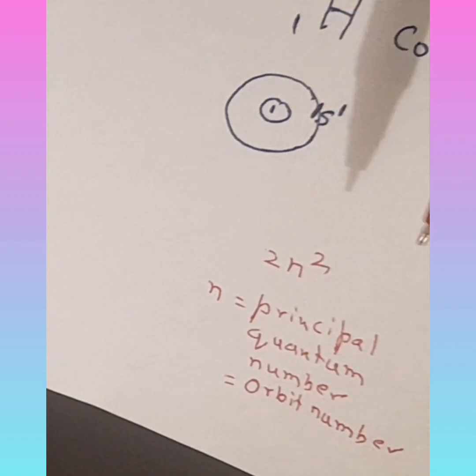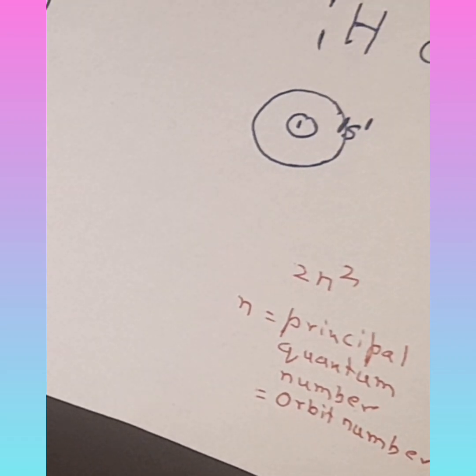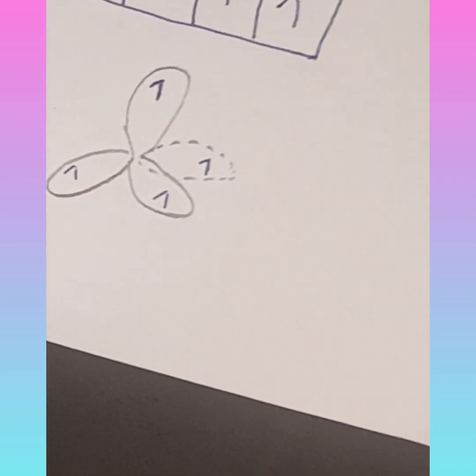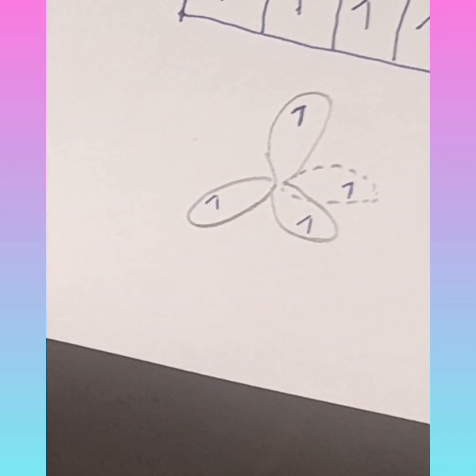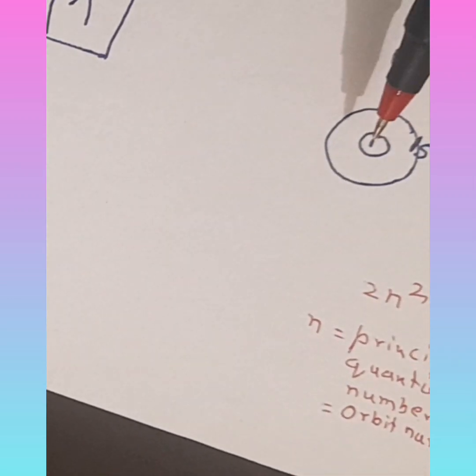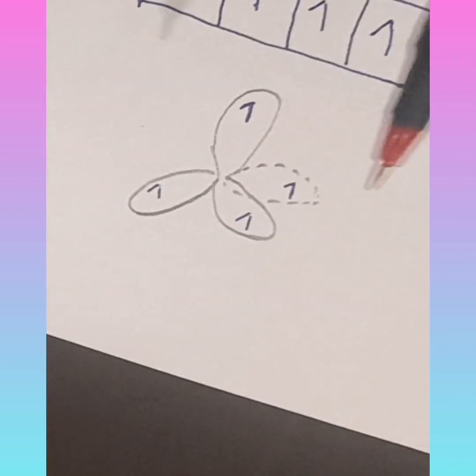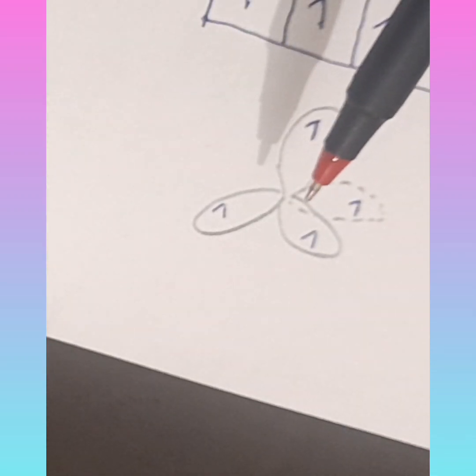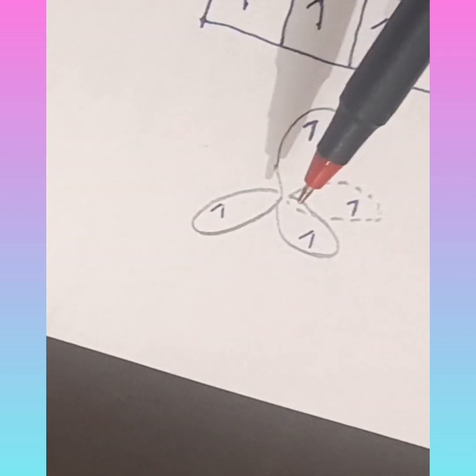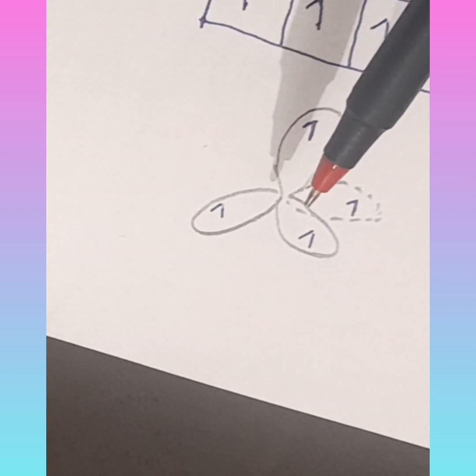So carbon requires 8 electrons to satisfy its octet. Hydrogen requires 2 electrons to satisfy its duplet, and carbon requires 8 electrons to satisfy its octet.